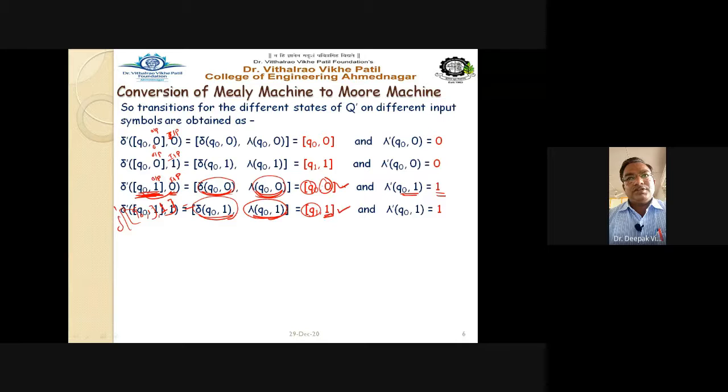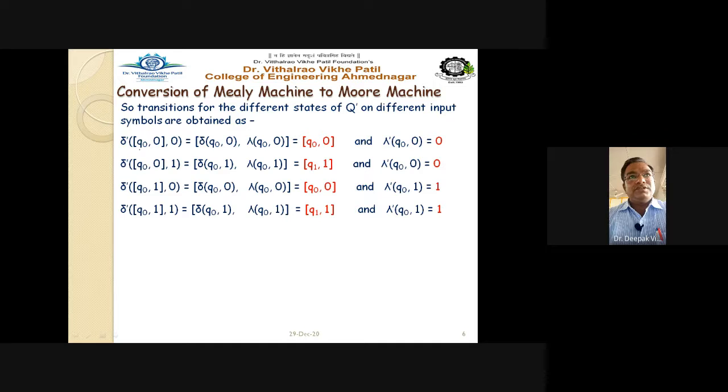So this is the fourth transition, right? And now lambda dash q01, for the fourth state, is equal to 1 here. Getting this point? So in this way we have completed the 4 transitions.